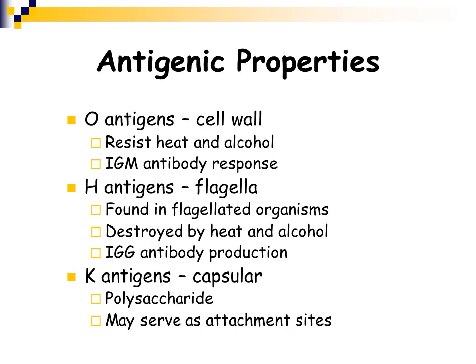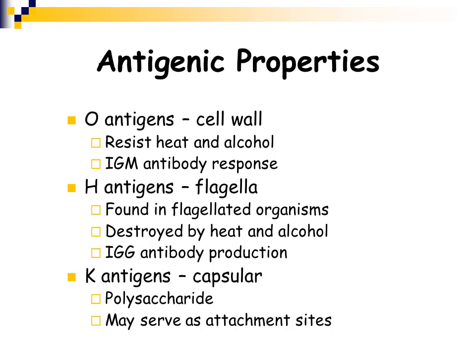There are O antigens, and these are on the cell wall. These resist heat and alcohol, and they will produce an IgM antibody response. There are also the H antigens, or the flagella, and the H antigens are only going to be found on the flagellated organisms, or the motile organisms.